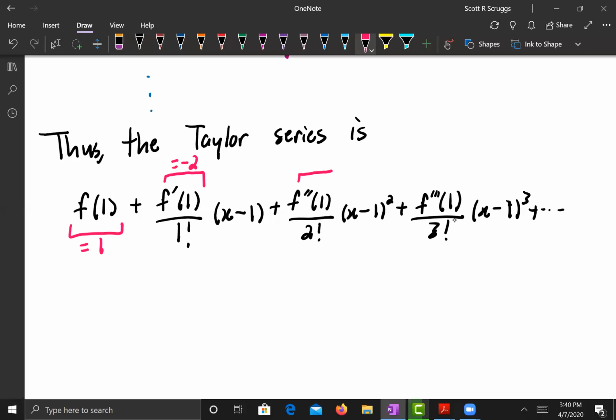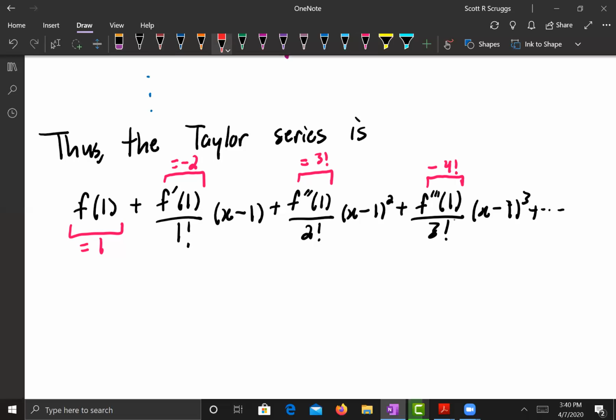I know that the second derivative evaluated at 1 gives me 6, or 3 factorial. I note that the third derivative at 1 gives me minus 4 factorial, and then the pattern's going to keep going on.